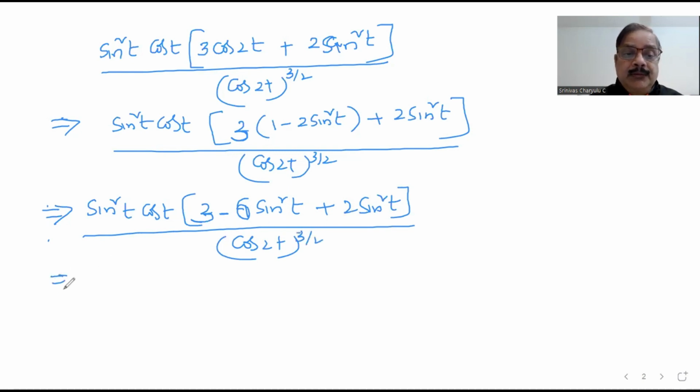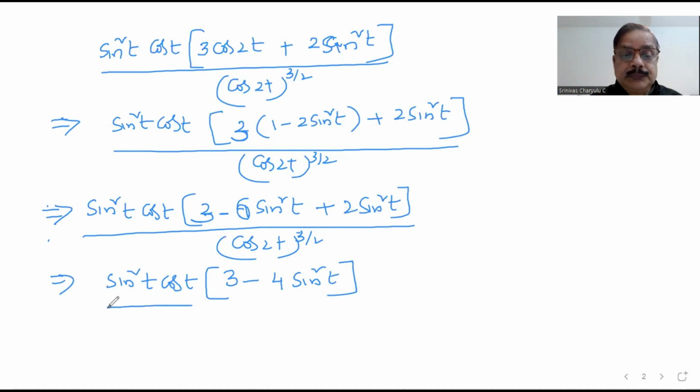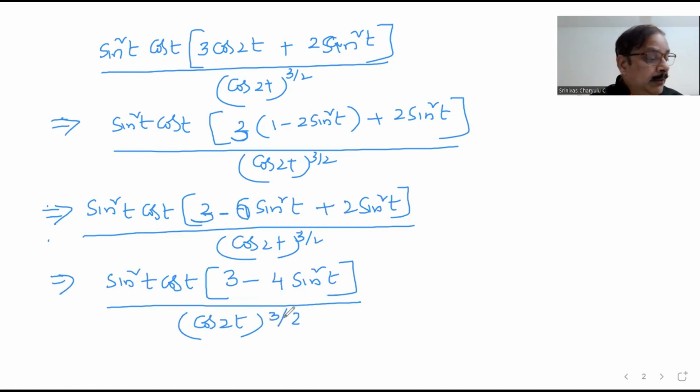So this will become now sin square t cos t, bracket 3 minus 4 sin square t, divided by cos 2t whole to the power of 3 by 2.